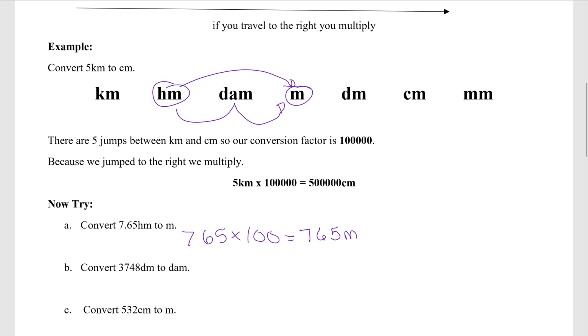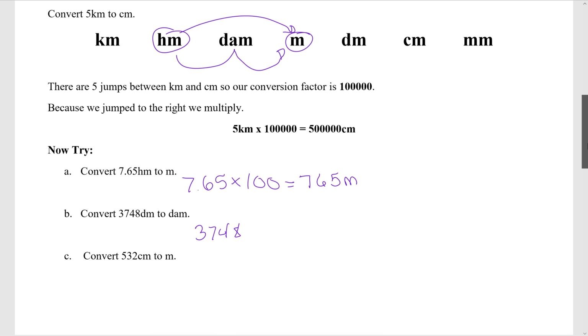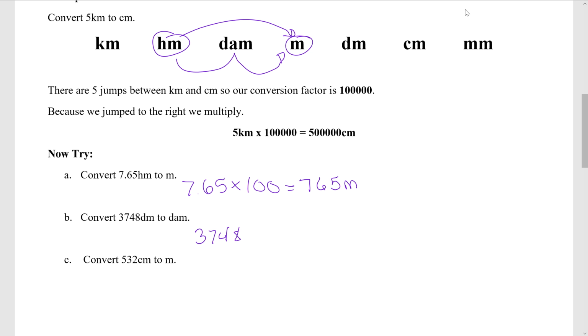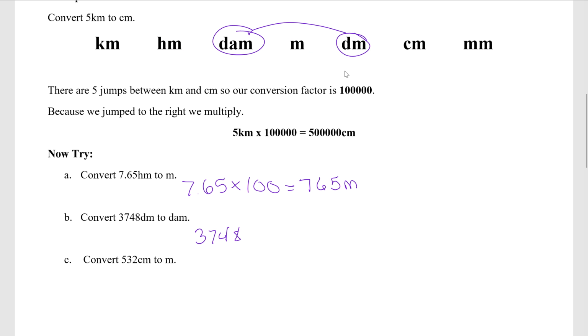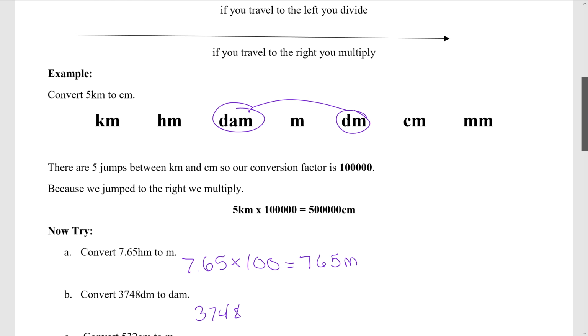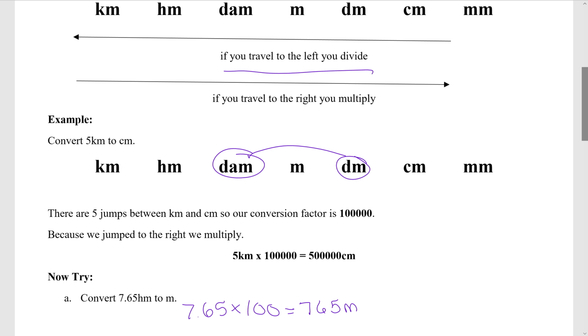Okay, B. I have 3,748 decimeters, and I'm converting that to decameters. So let's clear all this. We're going from decimeter over to decameter. So this time we're traveling to the left. And if we look up, when we travel to the left, we divide.